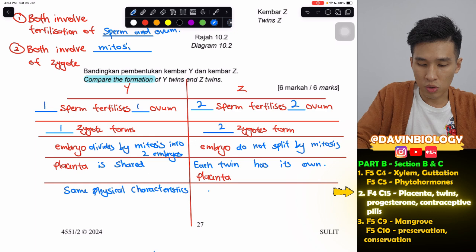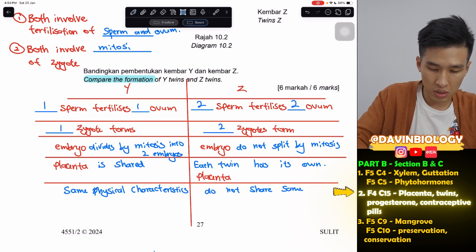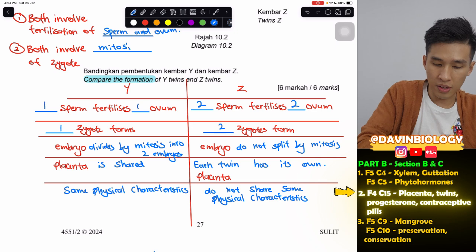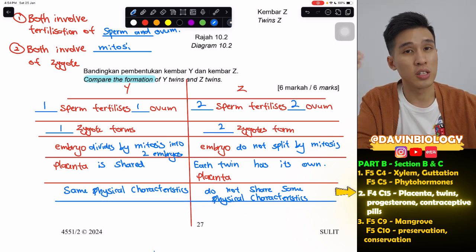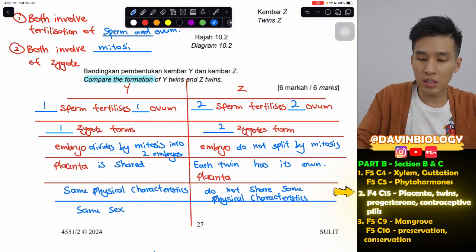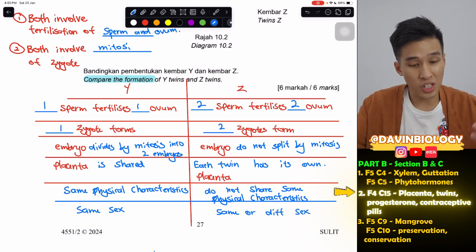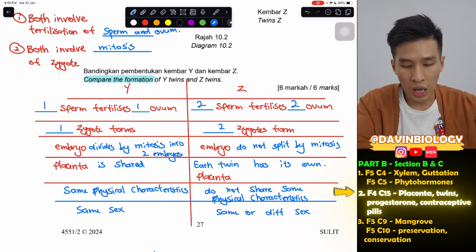Non-identical twins do not share the same physical characteristics. And gender-wise, since identical twins have the same genetic content, they definitely will be the same sex. But for non-identical, can be the same or even a different sex. So I give you 6 differences here already, plus 2 similarities, 8 marks in total.